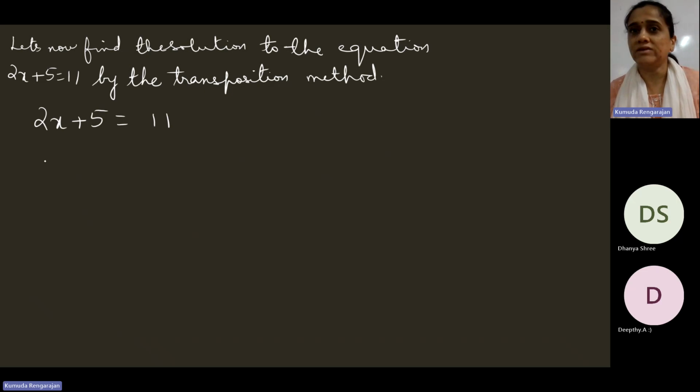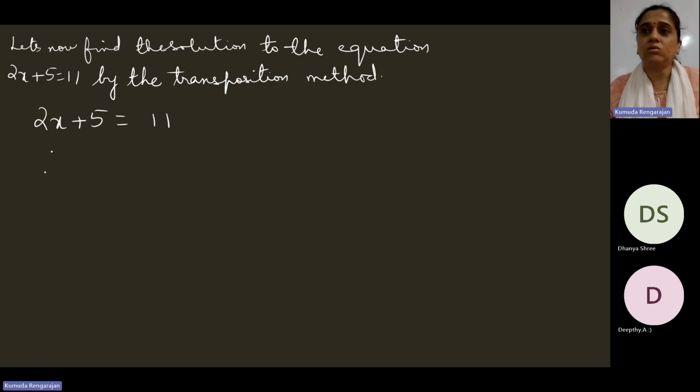Now this variable x is along with 5 and 2. You must take 5 to the other side. There are only two sides, the left-hand side and the right-hand side. So x should stand alone on the left-hand side. That means you must take 5 and 2 to the right-hand side.